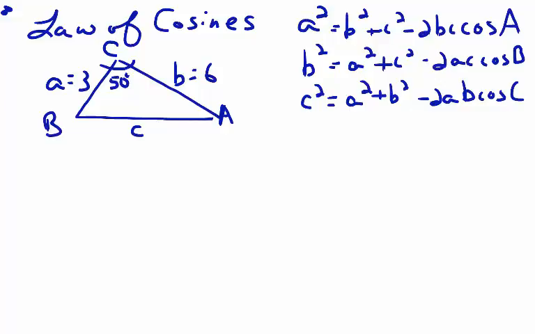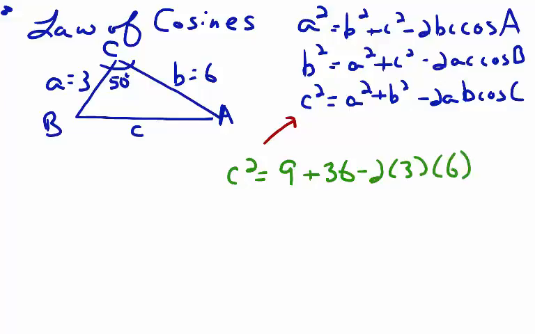To find the length of side C, we'll want to use this last formula. C squared equals A squared, and since side A is 3, A squared is equal to 9, plus B squared, which is 36, minus 2 times A, which is 3, times B, which is 6, times cosine of C, which is 50.